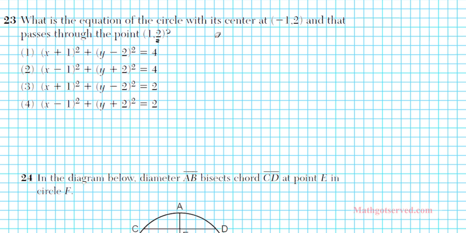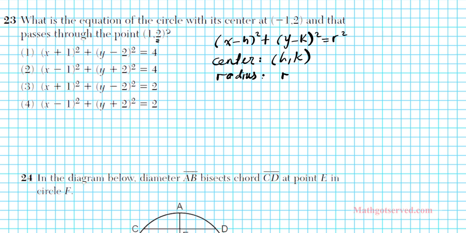The equation of a circle in standard form, as illustrated in these options here, is (x minus h) squared plus (y minus k) squared equals r squared, where the center is given by (h, k) and the radius, of course, is r. So this basically tells us that in order to write the equation of a circle in standard form, you need the center and radius. That's all you need, center and radius.